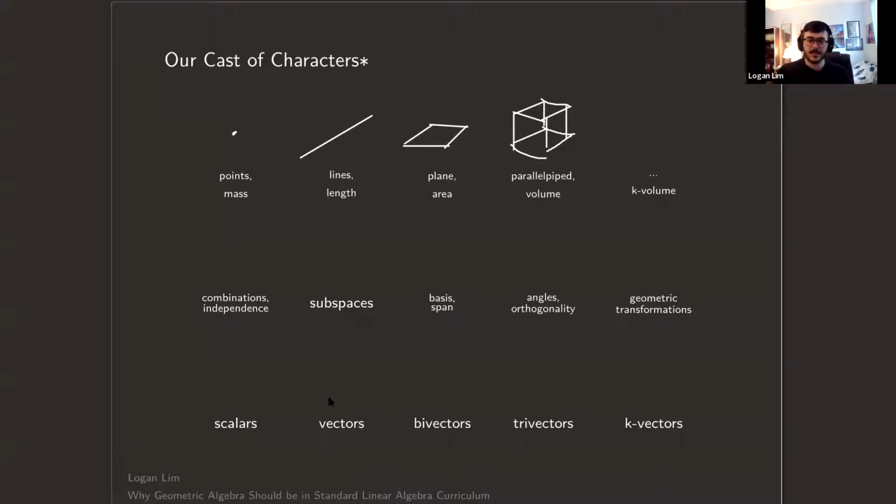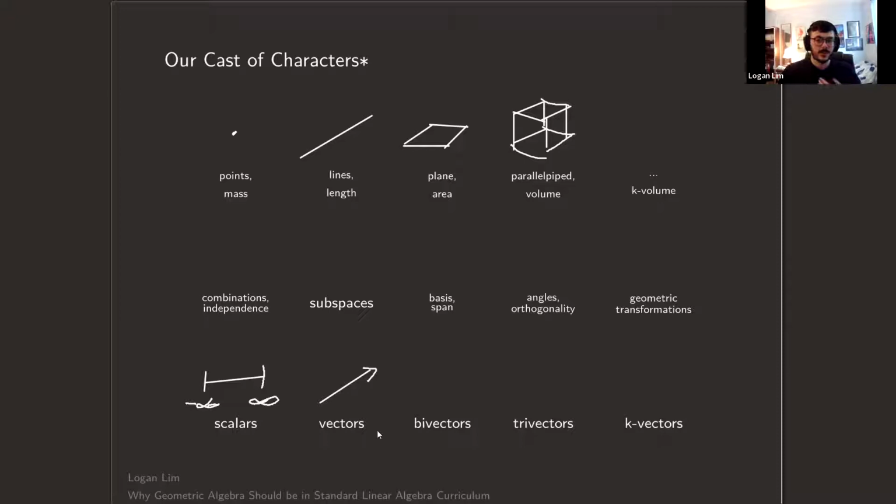Vectors are these little things we think of as arrows, but really they're choosing a one-dimensional subspace containing the origin of our set R^n and assigning them a positive or negative magnitude. Similarly, we have scalars, just like the continuum, so negative infinity to positive infinity.